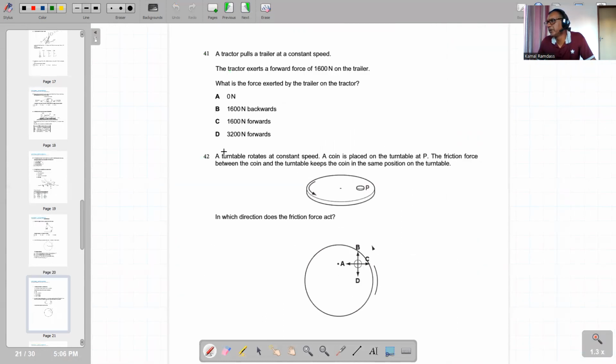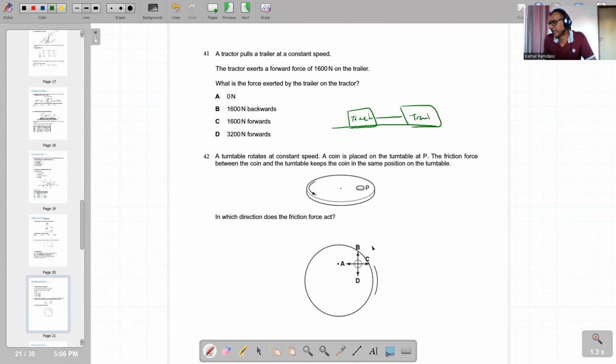A tractor pulls a trailer at constant speed. The tractor exerts a forward force of 600 Newton on the trailer. Okay, what is the force exerted by the trailer on the tractor? Mais puisqu'il est constant speed, il faut bien pareil. Ça veut dire, a tractor pulls, comment on peut dire backwards? Ça veut dire l'amo tractor.